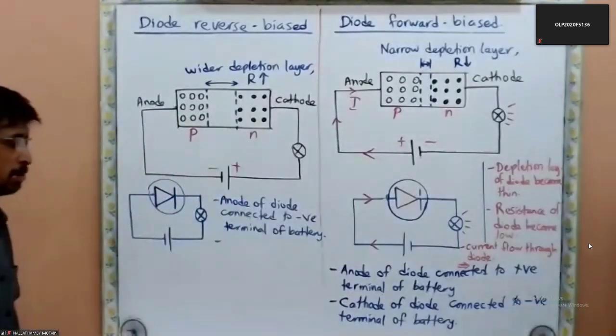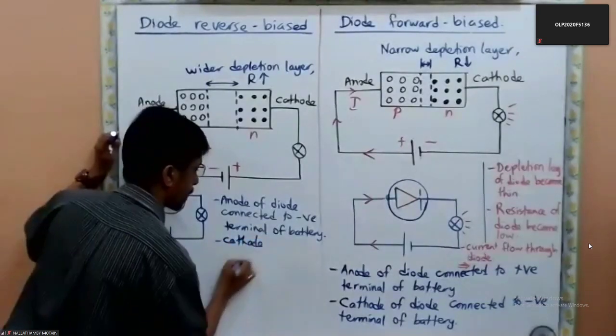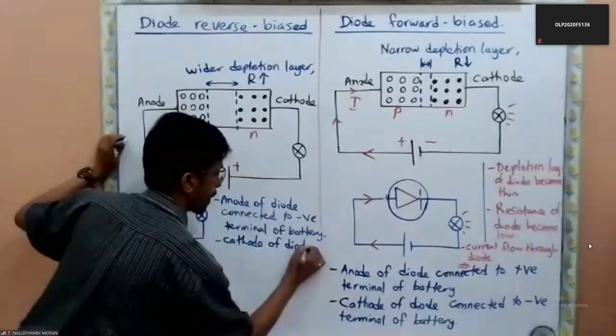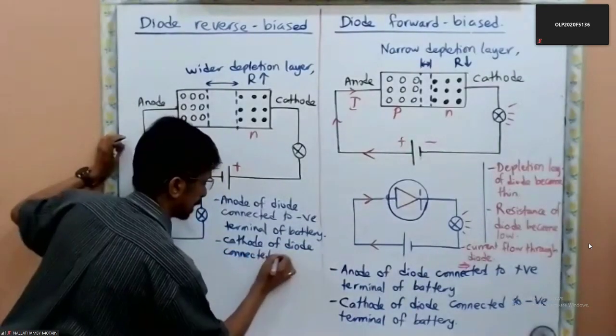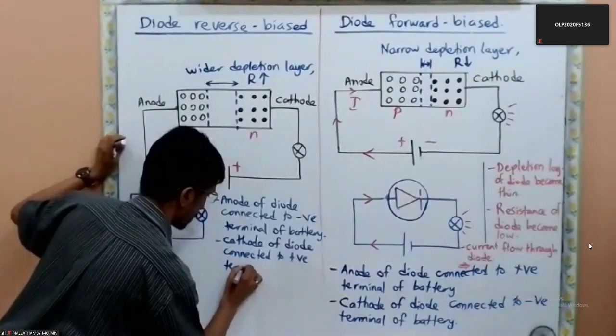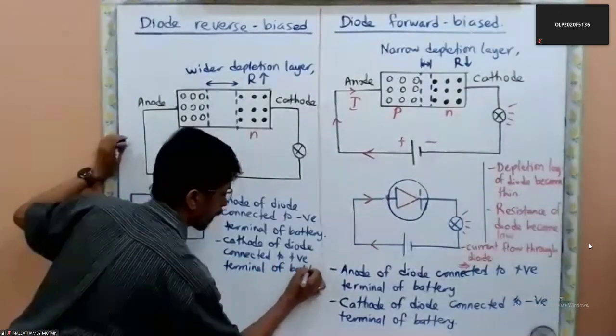One more, you write cathode of diode connected to positive terminal of battery.